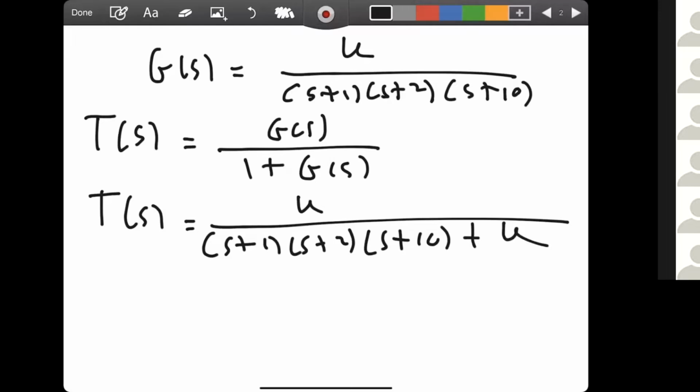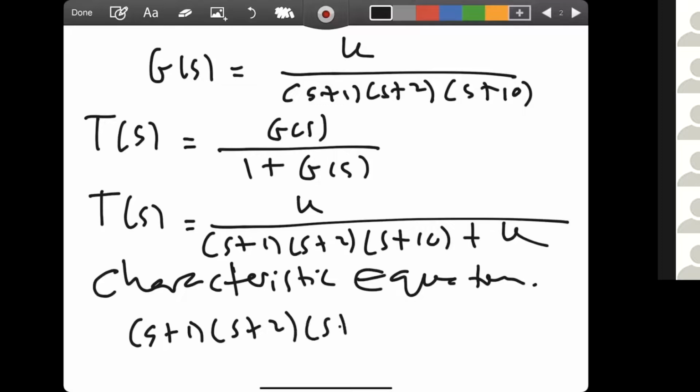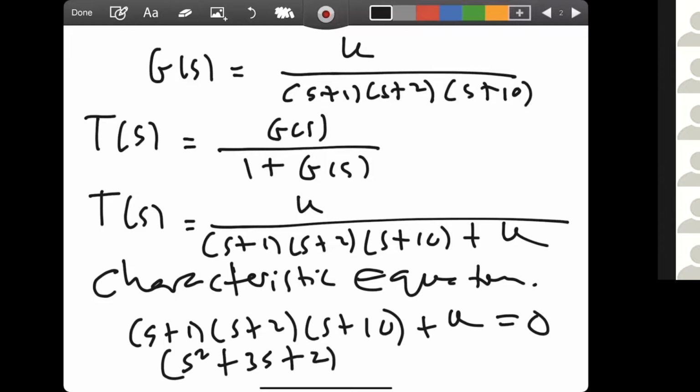Okay. And then the characteristic equation dia, okay, adalah S plus 1, S plus 2, S plus 10 plus K equal to 0. Jadi permudahkan yang ini. Okay, S square plus 3S plus 2, S plus 10, plus K equal to 0. Okay.